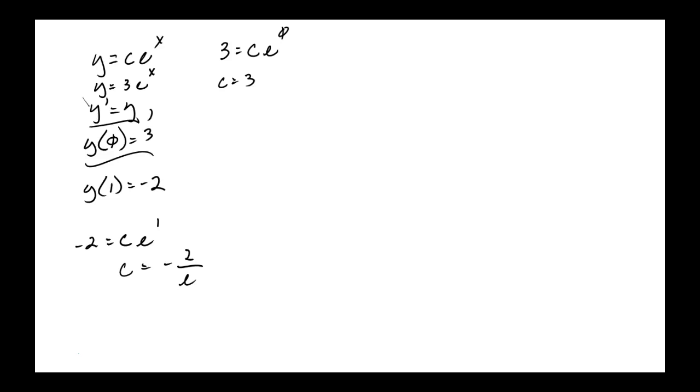So this c is going to have to be negative to fit the pink one here, and I don't have a calculator, so I can't give you even an approximate value, but minus 2 over e would be something on the left, I believe, of negative 2/3. Okay.